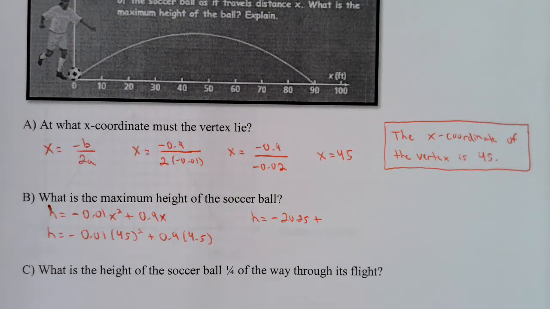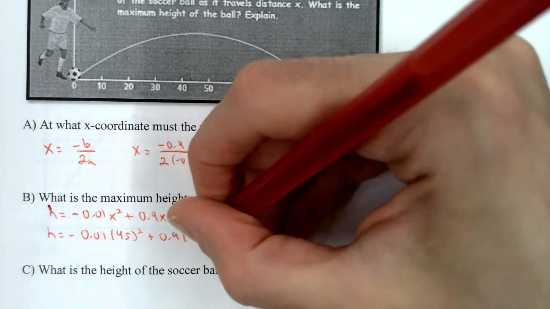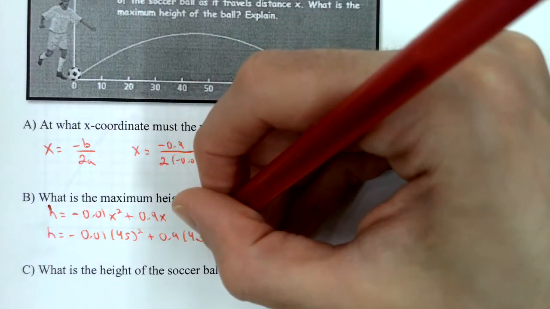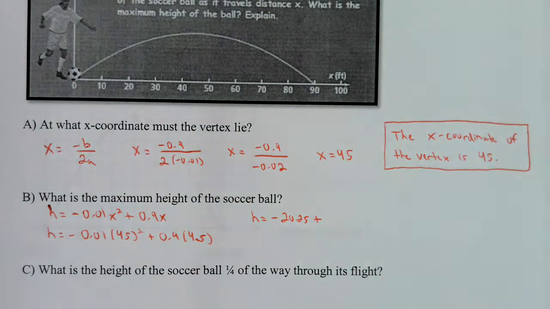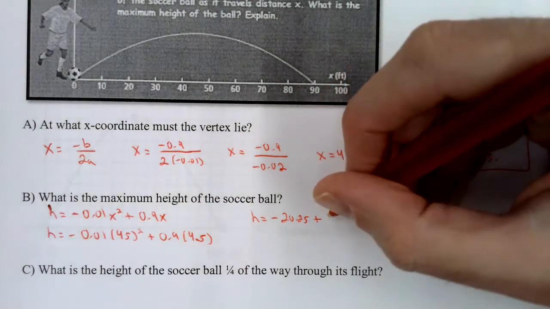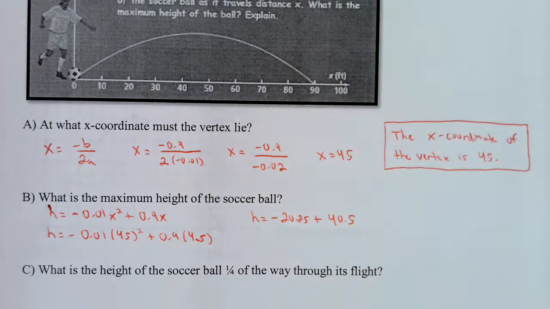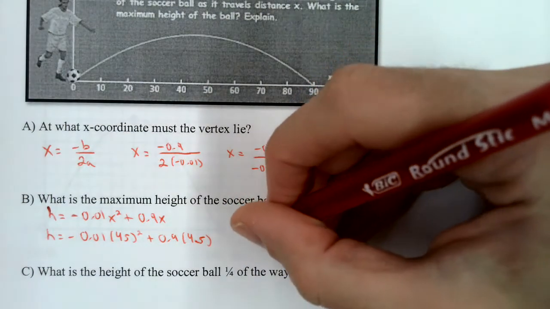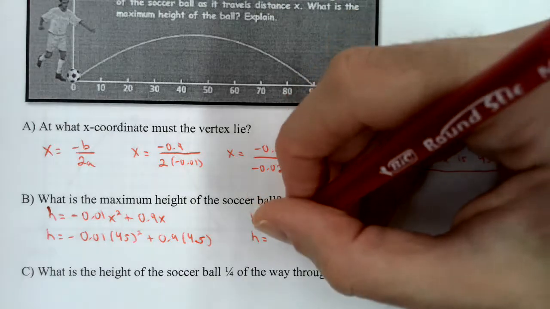That's not a point, that's a 45. 0.9 times 45 is plus 40.5. So that means you get h equals 20.25.